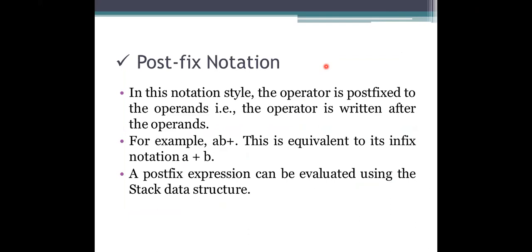We are specifying an expression in the form of infix, prefix, and postfix. Today we will see the postfix representation, the evaluation of the postfix representation, and the conversion of infix to postfix and then evaluation.